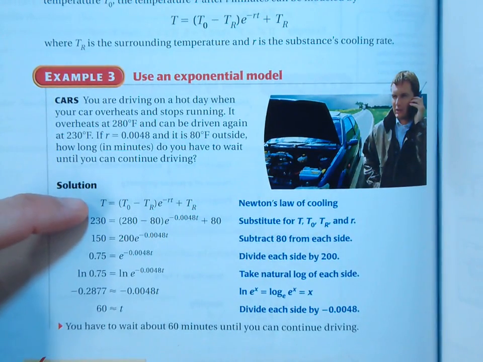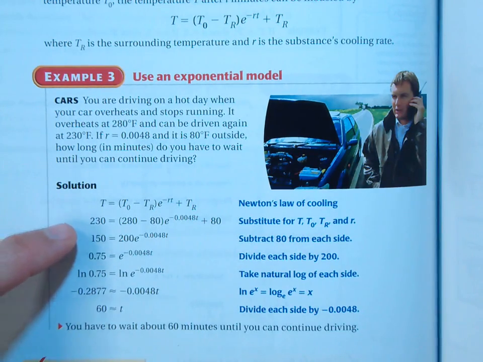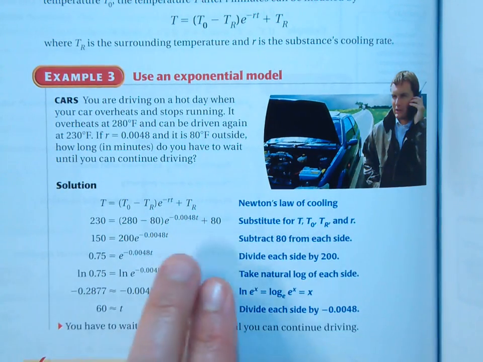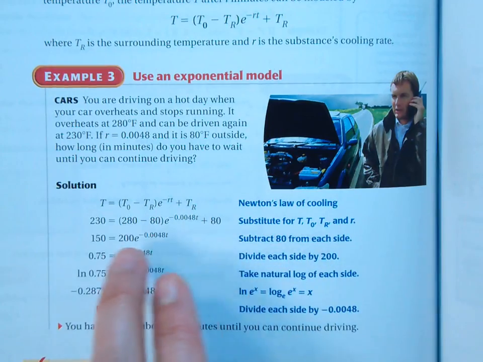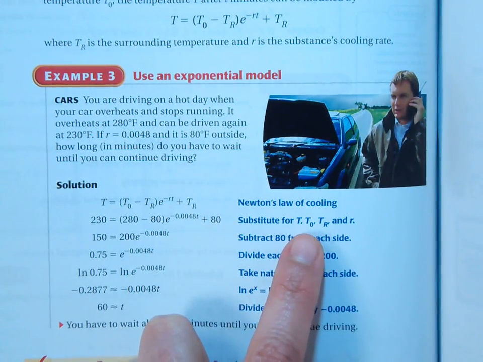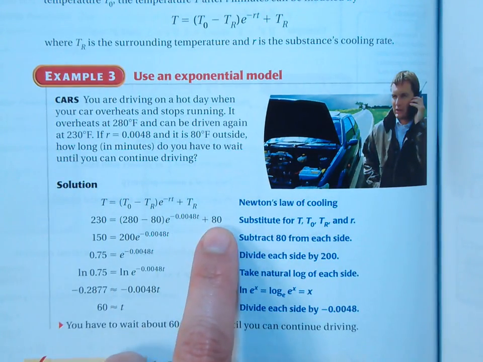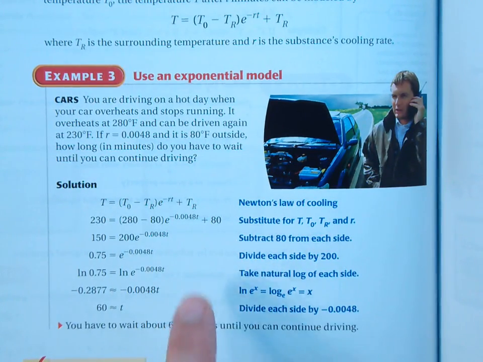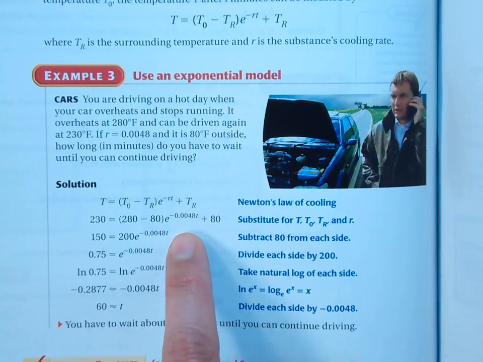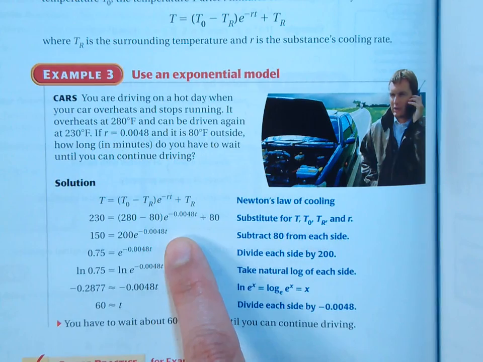So here's the Newton's law. You fill in the temperatures, 230, 280, and 80. So you substitute those. Those are just constants. T naught, T sub R, and R. You fill those into the equation, and you're going to solve for t. You want to know t, time, but notice it's an exponential equation because the variable's in the exponent.